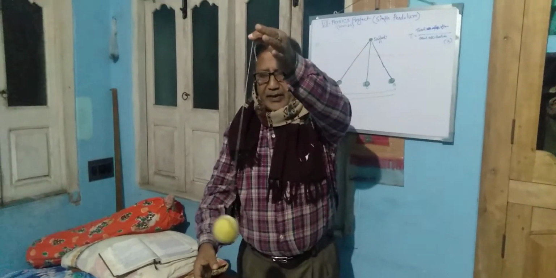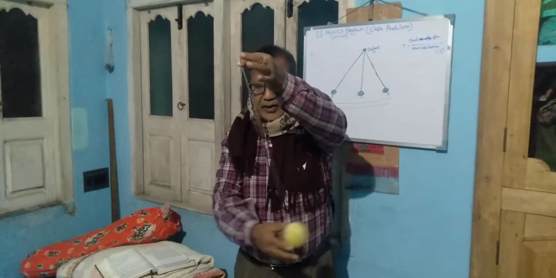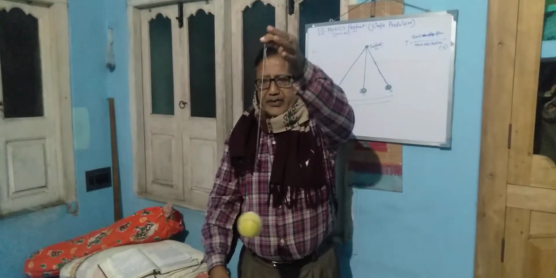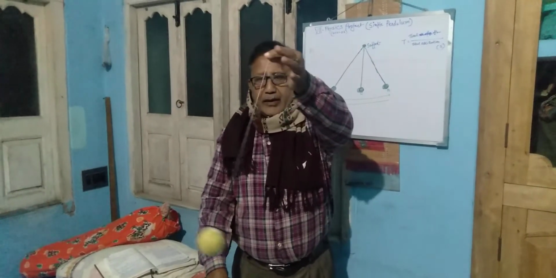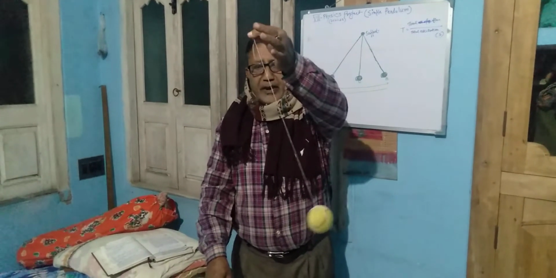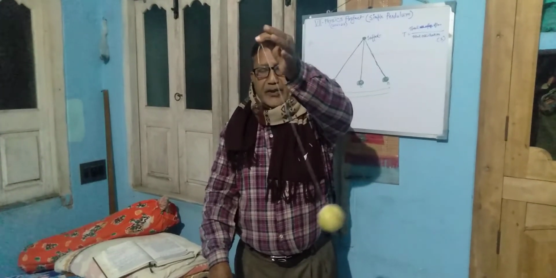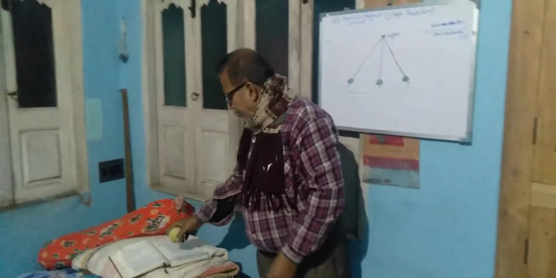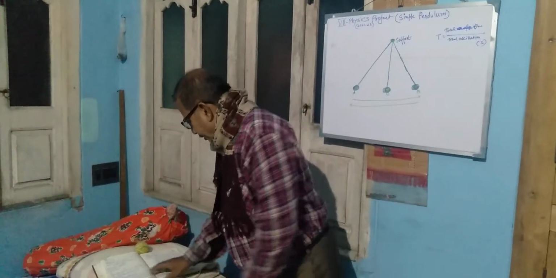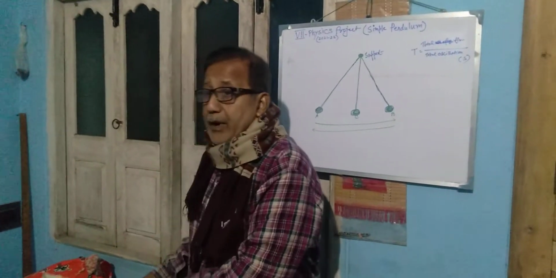When it is oscillating, the first one or two oscillations you need not count, and after that you have to count the oscillations. How many oscillations? 10 complete oscillations you will count, and then you will have to note down how much time it has taken for the 10 oscillations.